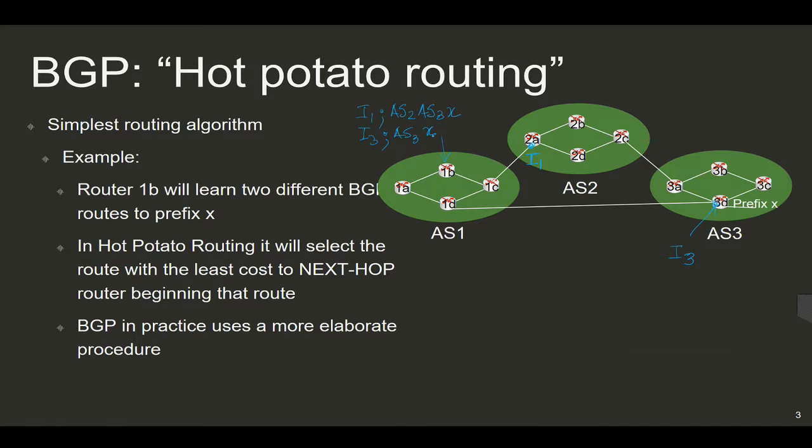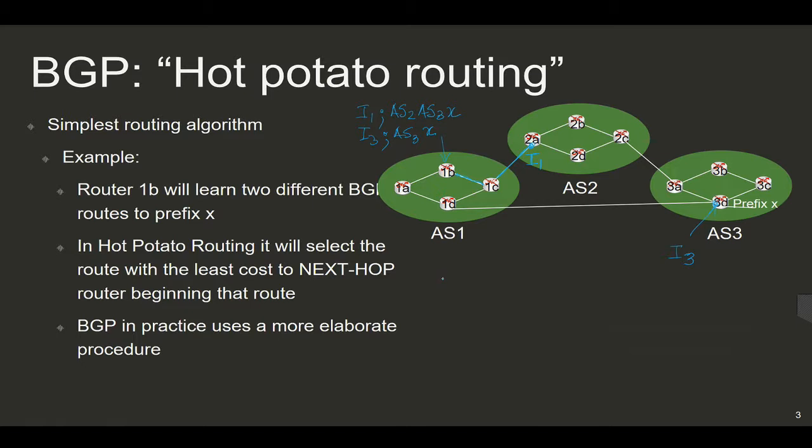And it's going to actually select the route with the least cost path to the next hop router. What this means is that imagine that the least cost paths are selected based on the number of hops. So if you're router 1B, in order to reach interface number 1, you will have to go through this link between 1B and 1C, and then the link between 1C and 2A.